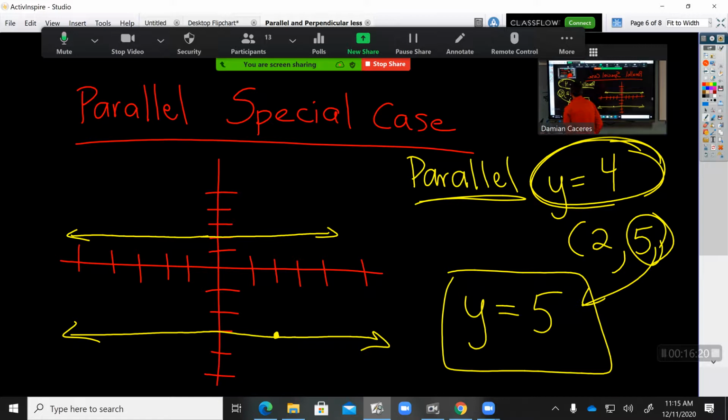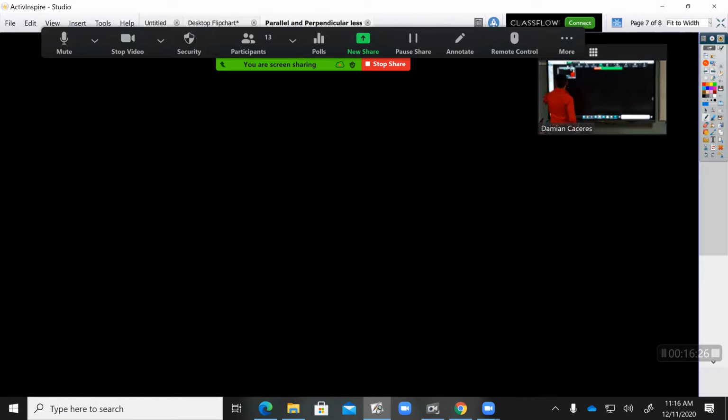So now we get to the last one, the perpendicular. So for perpendicular, I'm going to do one for you and then give you one to try on your own.